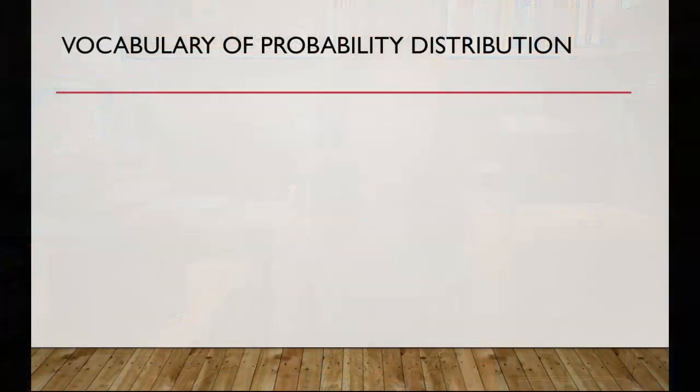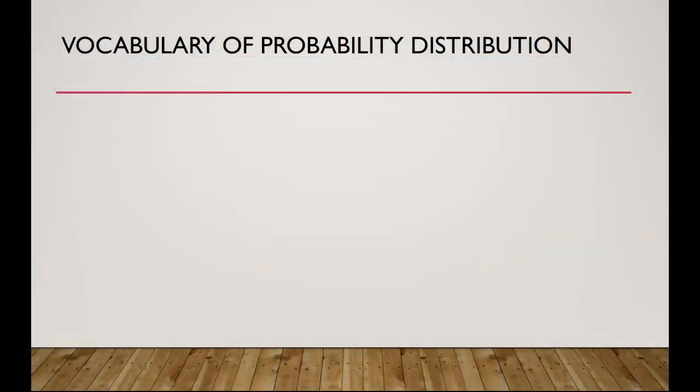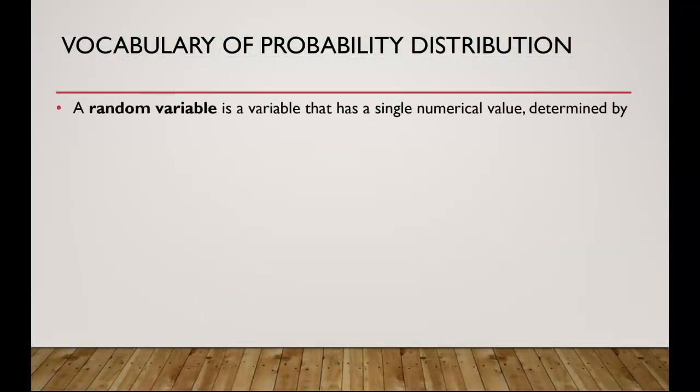Let's begin by relating the concepts of random variable and probability distribution. First, let's learn some vocabulary words of probability distribution. A random variable is a variable typically represented by x that has a single numerical value determined by chance for each outcome of a procedure.